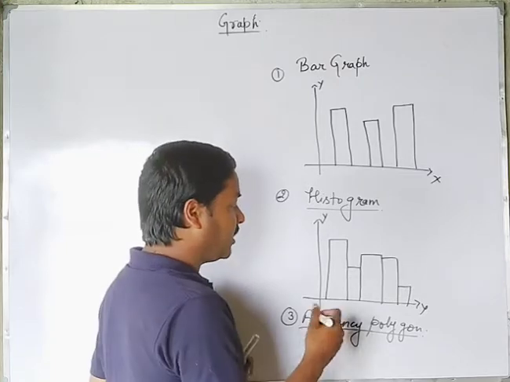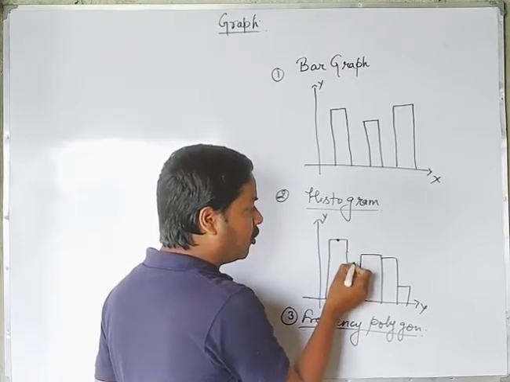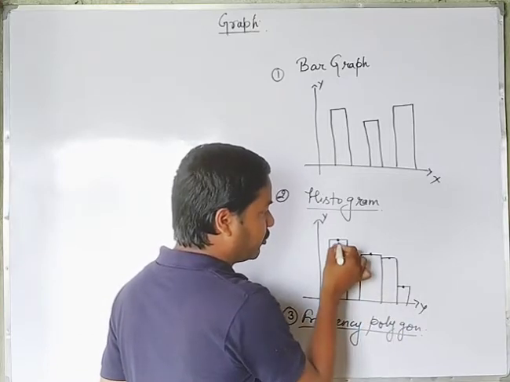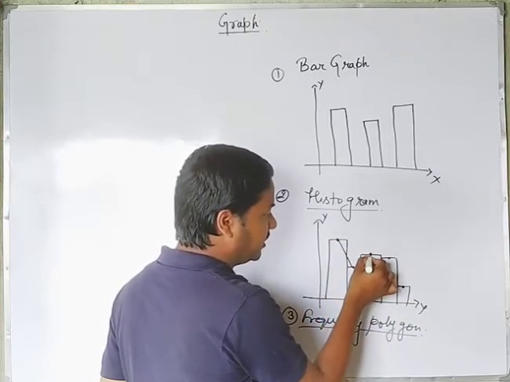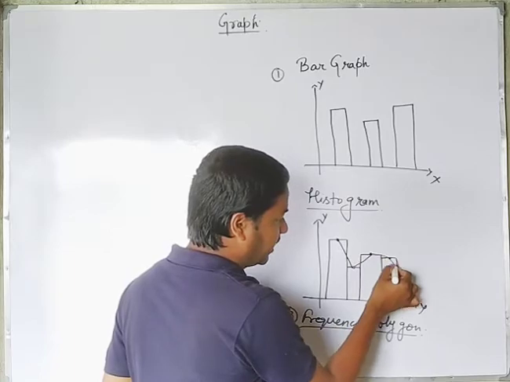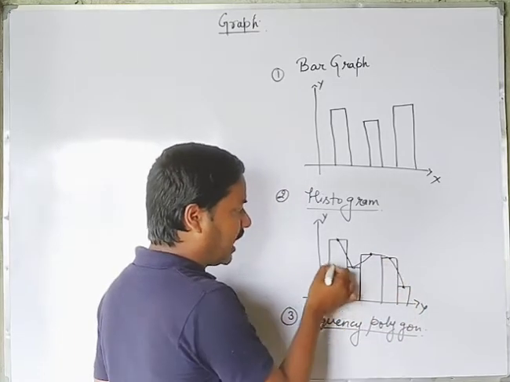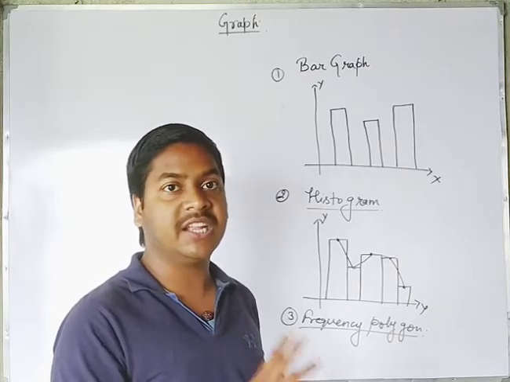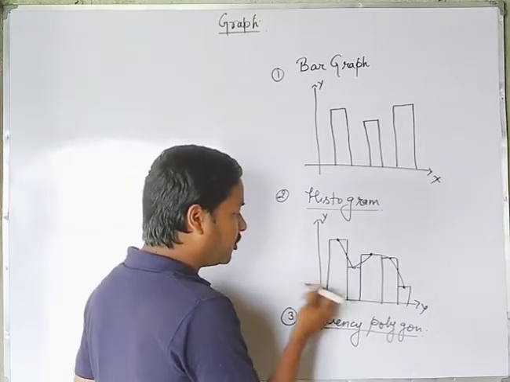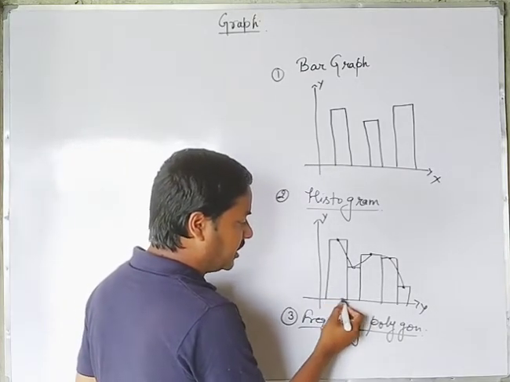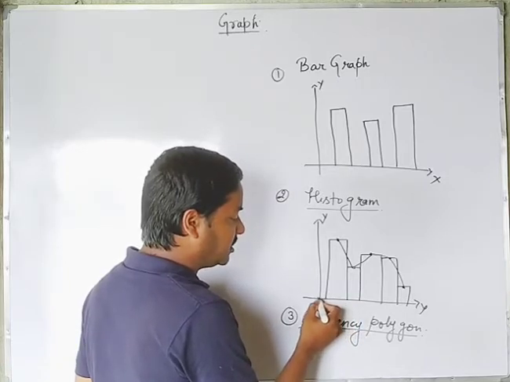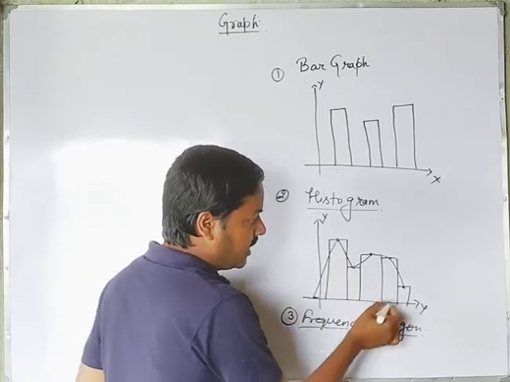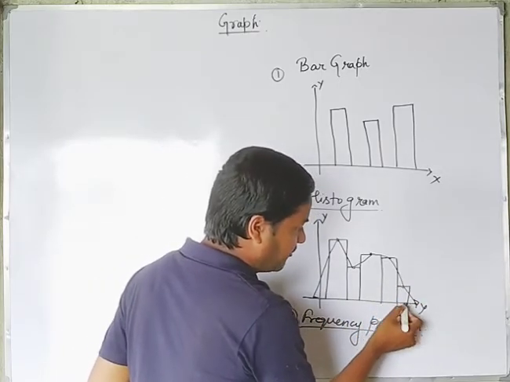We join only the midpoints of all these histogram bars. If we join all the midpoints of the histogram, then the line that I am drawing here is known as the frequency polygon. It has a starting point and an end point. Just before the first bar, take half of the distance between bars, and the line will join there at the half. And this line will go to this side at half of this distance.